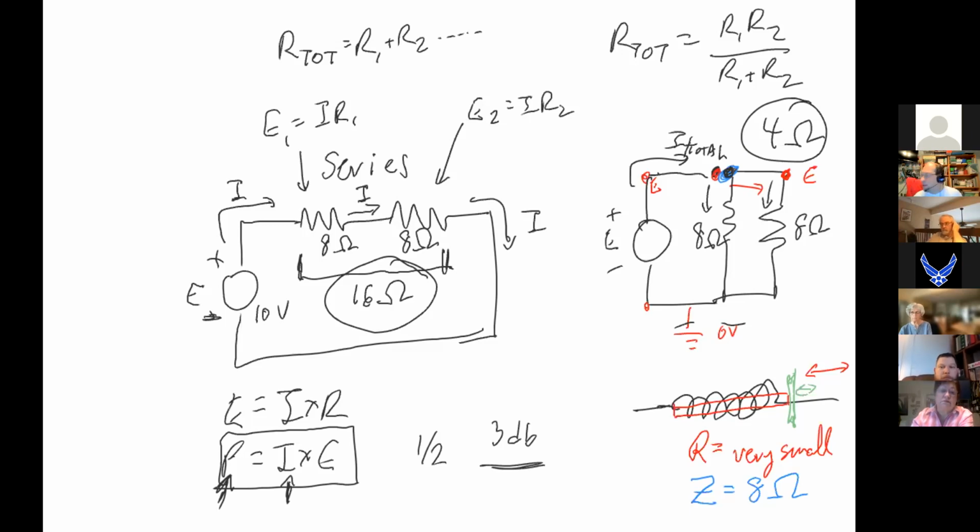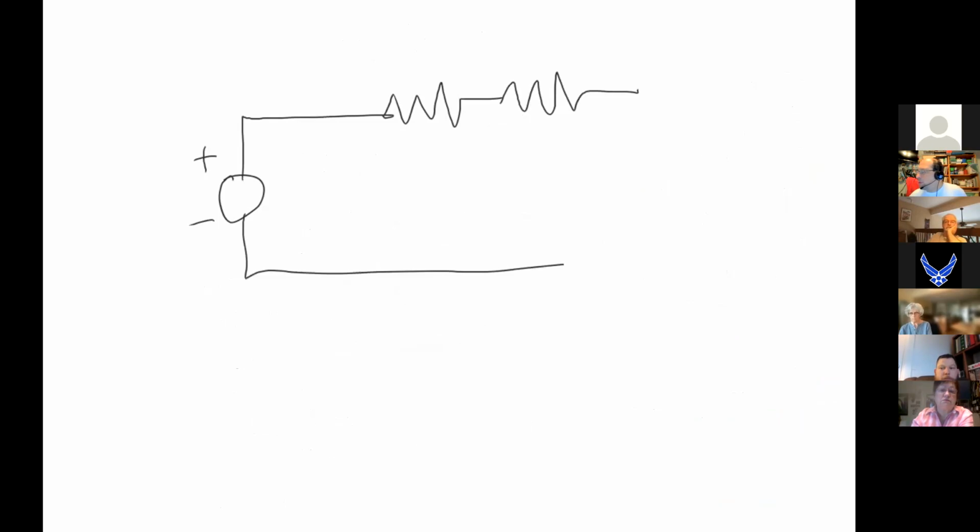Okay. Now, this also is very important because let us say that we have a circuit where we have a resistor and another resistor. And let us say that those resistors are light bulbs. All right. Now, what that means is that you have the same current flowing through everything, and you have R1 and R2.